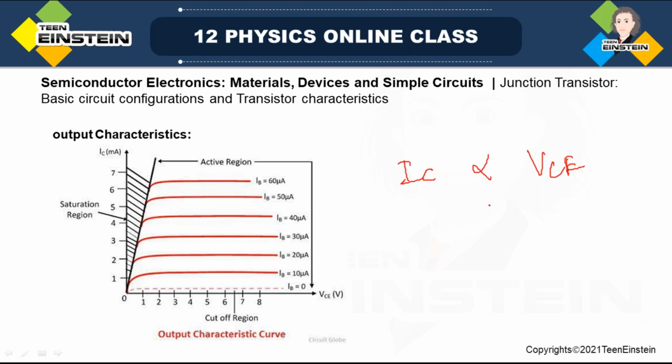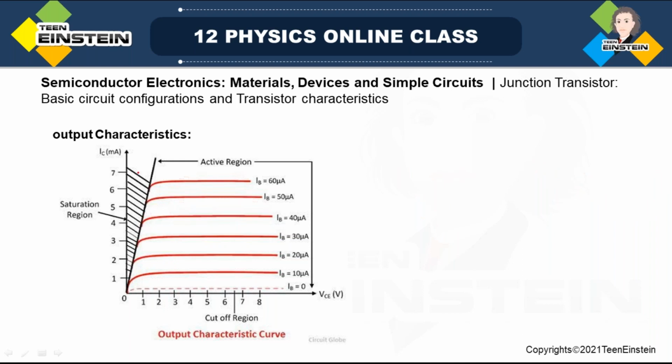Sorry, VBE, because VBE needs to be greater than 0.7 volt before the transistor will actually be conducting. Before that, IC is a function of only the applied voltage VCE. Therefore it will increase linearly and rapidly. So you can see this portion will be linear like this.